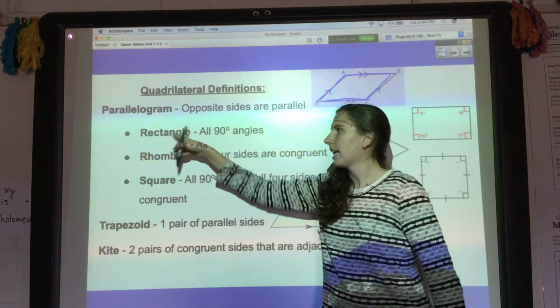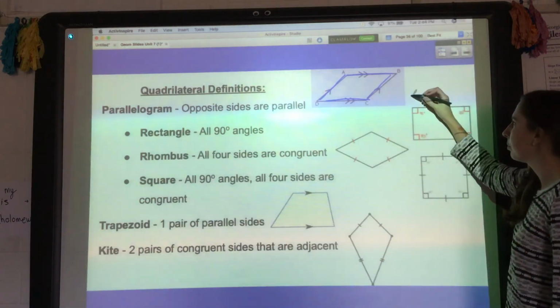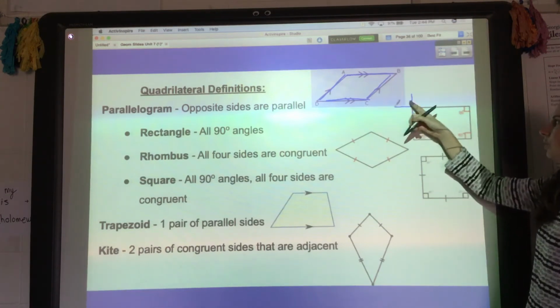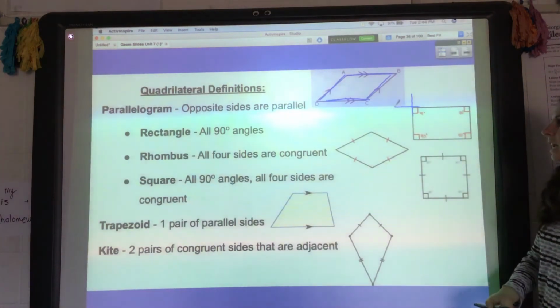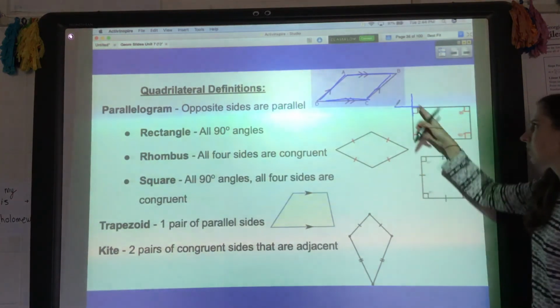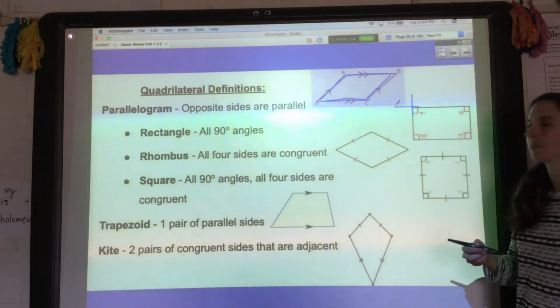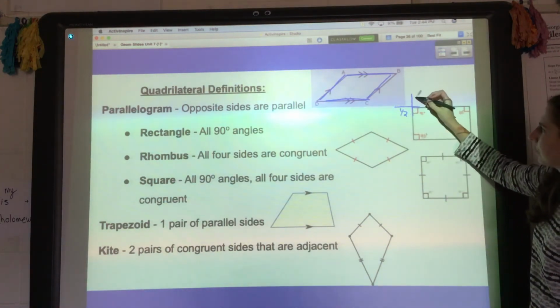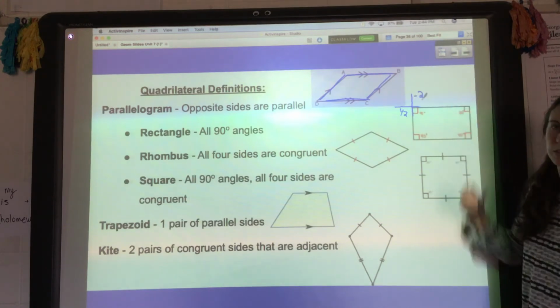Rectangle is like right angle. And so if you want to prove that this is 90 degrees, you're going to have to show that these two sides are perpendicular. And to do that is like we talked about before with the slopes. You got to show that the slopes are opposite reciprocals. Like if this one had a slope of 1/2, this one would need to have a slope of -2/1.